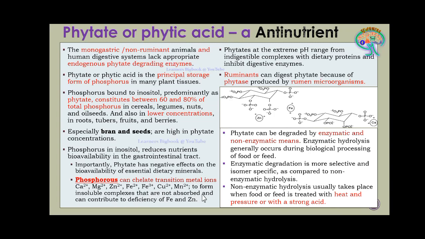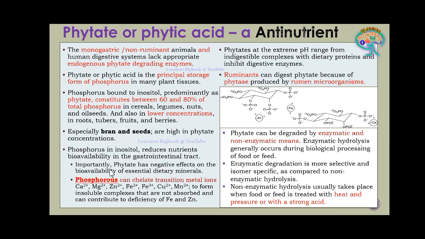animals. When monogastric animals consume any food, in that food there will be other nutrients also, like proteins and multivalent ions or metal ions and minerals. Within that food itself the phytate is also going to be present.